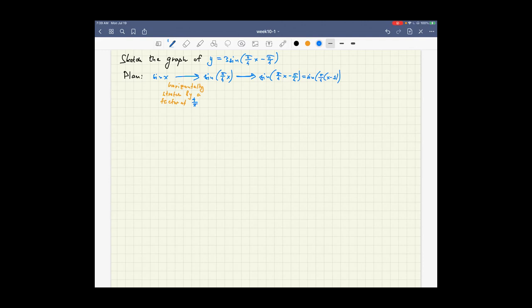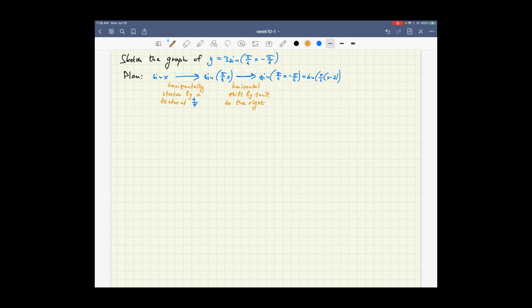And here the transformation will be a horizontal shift to the right by 1 unit. So it's always easier to first horizontally stretch or compress and then horizontally shift than vice versa.